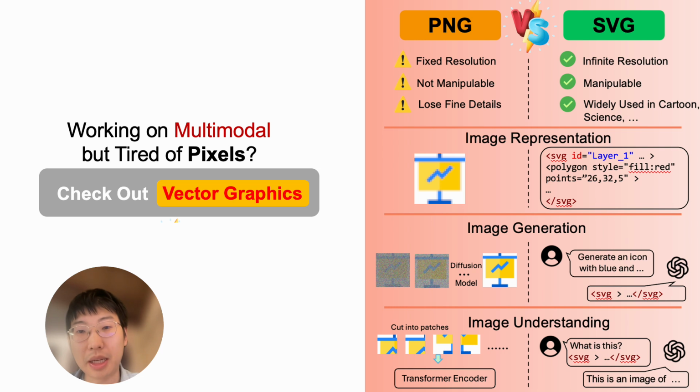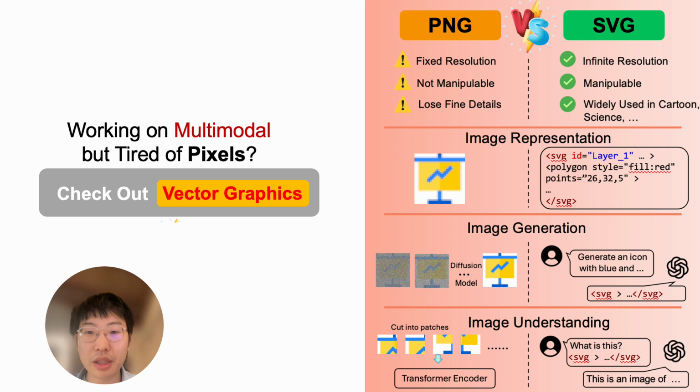Compared to rasterized representation like PNG, SVG has several merits. For example, PNG represents the visual content in a fixed resolution, but SVG has infinite resolution. Also, as we all know, PNG is very hard to manipulate, but for SVG it's very easy, just as the previous slide showed.